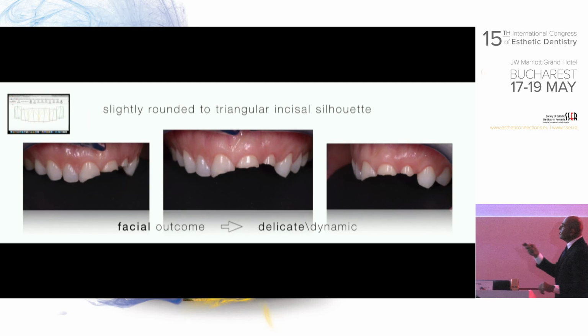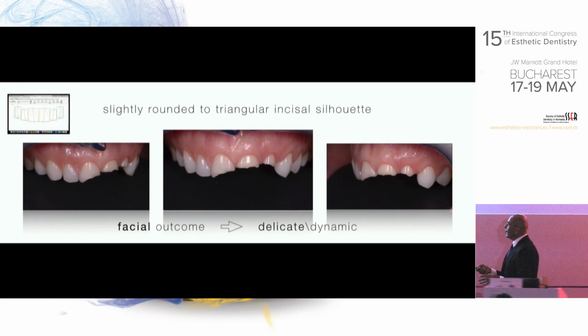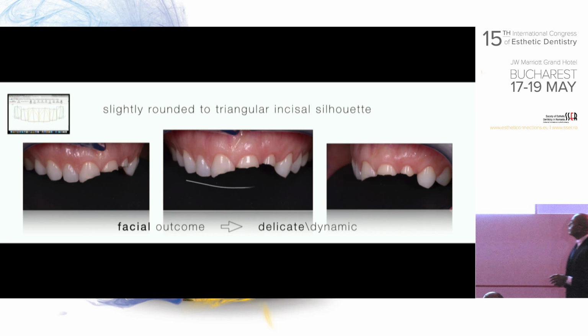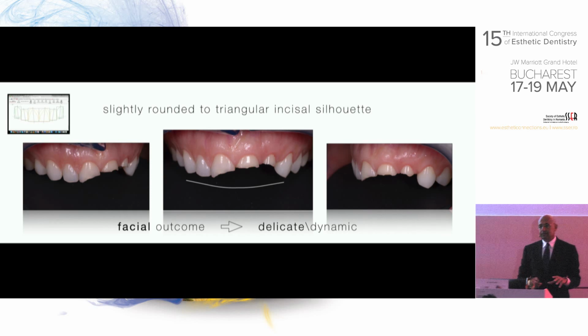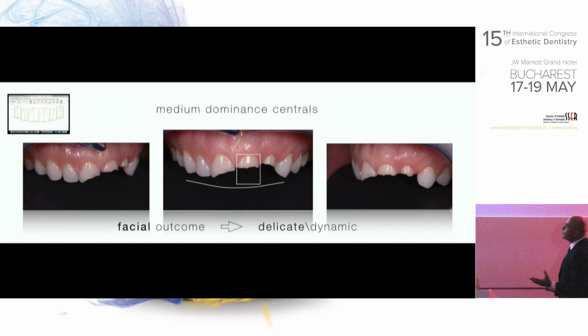Anyways, with that, the drawing tells me that the facial outcome is delicate and dynamic, making the incisal silhouette slightly rounded to triangular. So it's a great point for me to start doing my mock-up. Secondly, it tells me medium to dominant centrals. So now I know the difference that I need to create between the central and the lateral.